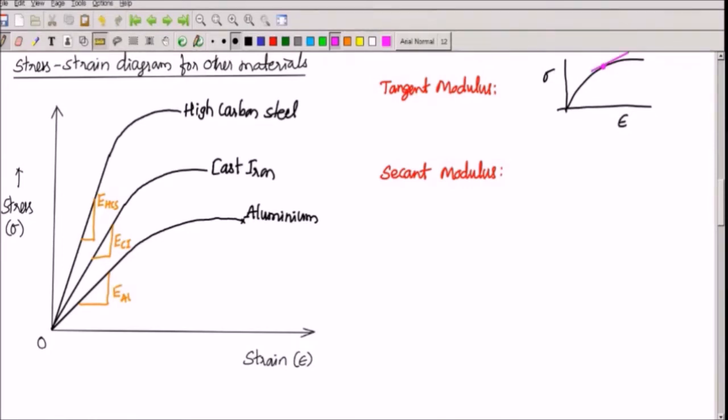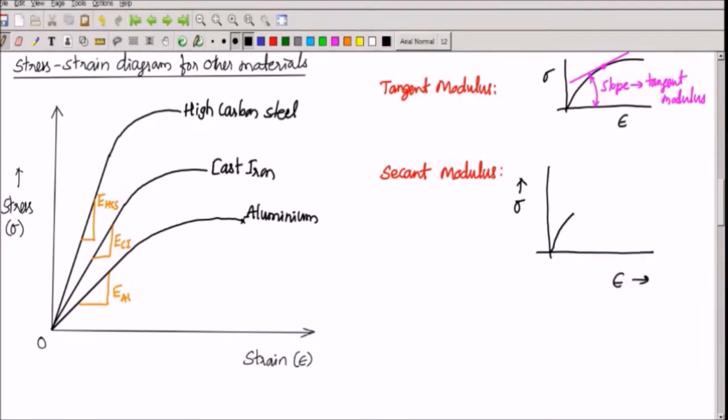This is a curve. I'm drawing a tangent there, and that tangent will have a certain slope. The slope of this tangent is called tangent modulus. So the slope of the tangent drawn at any point of interest on the stress strain curve is known as tangent modulus. So tangent modulus will be different at different points.